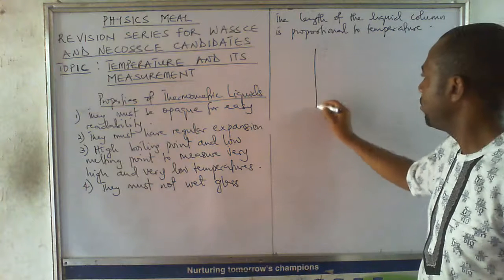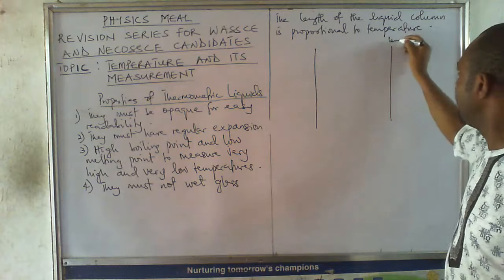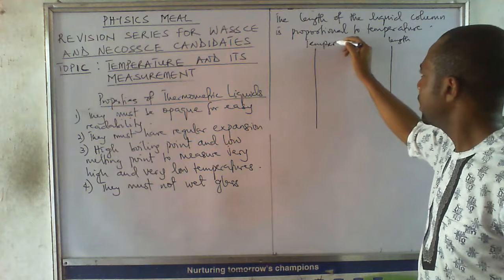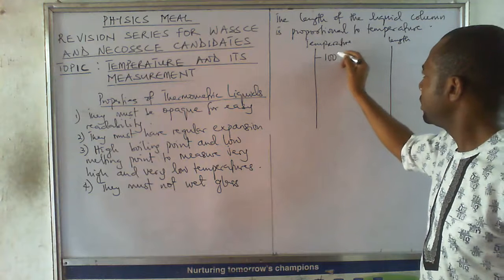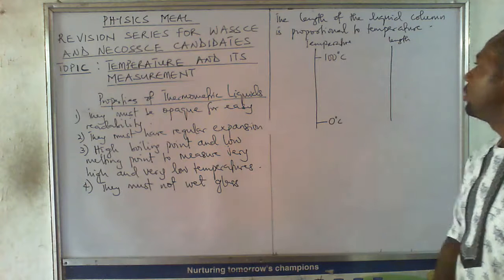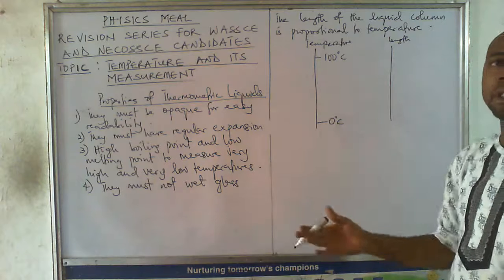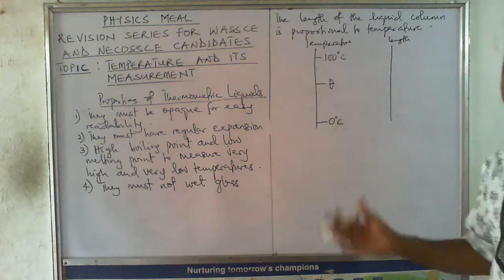Let's say this is the thermometer scale and this is the length scale. So this is the length and this is the temperature scale. Now, we have the upper fixed point for using Celsius and the lower fixed point. All right. Now, how can we measure any other temperature? Let any other temperature we're talking about be just theta.